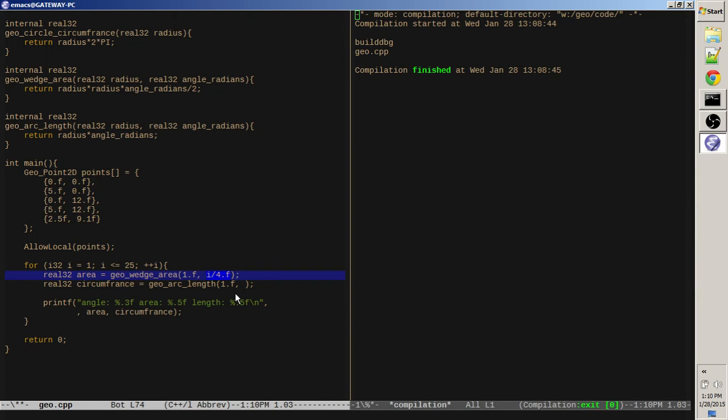So what we want is 2 times pi times I divided by 25.f, because that'll make this a 1 when the I reaches 25, and so on the last step it'll be a full circle, and up until then it'll be stepping up by 25ths. Except I don't know if we want 25ths. I want something that I can verify that I know is doing something useful. I think 12ths would be smarter in this case, times I divided by 12.f.